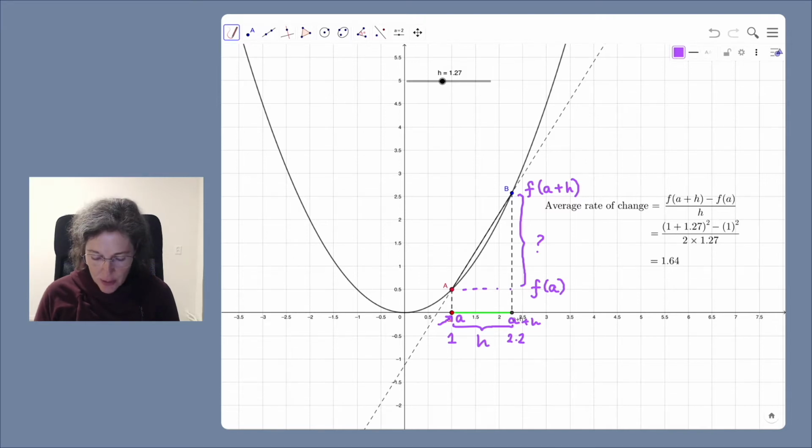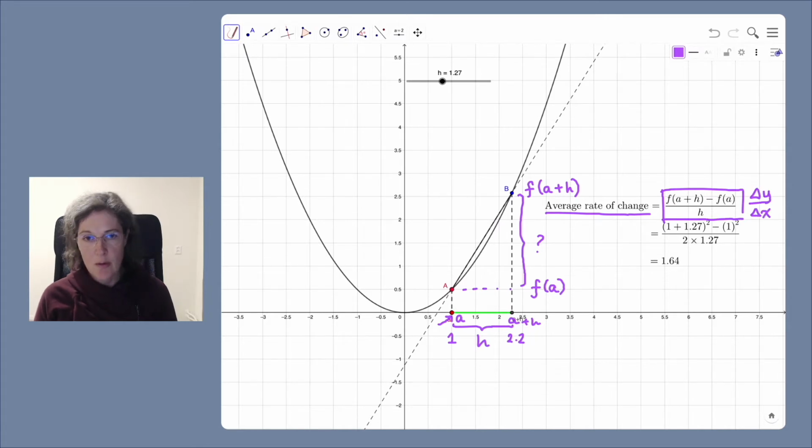And the average rate of change over that change in x is given by the change in y over the change in x. So hopefully that's pretty familiar.